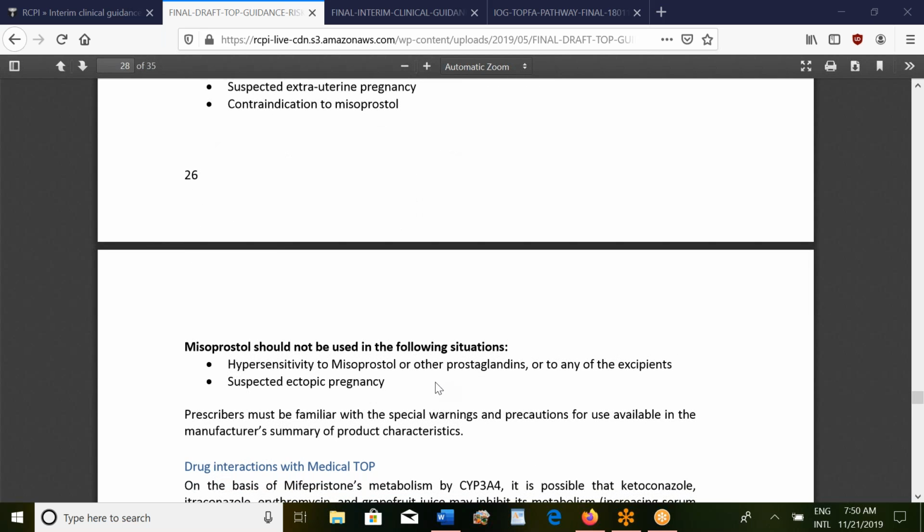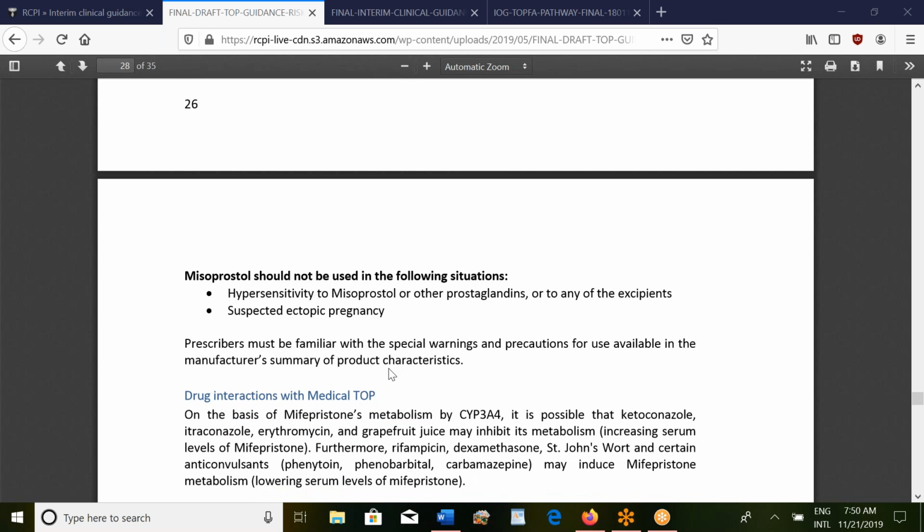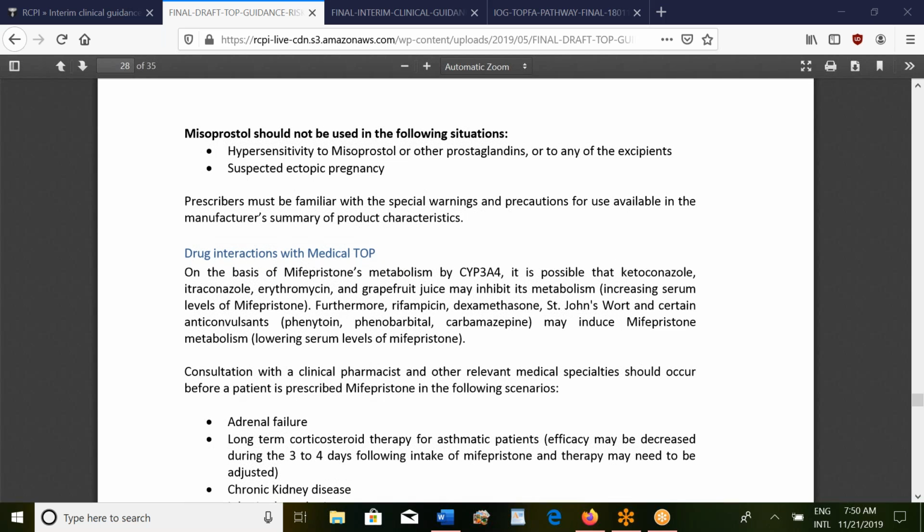Misoprostol should not be used if your patient is hypersensitive to misoprostol or other prostaglandins, or if you are suspecting an ectopic pregnancy. So before starting any intervention, you have to be 100% sure of the diagnosis of your patient.